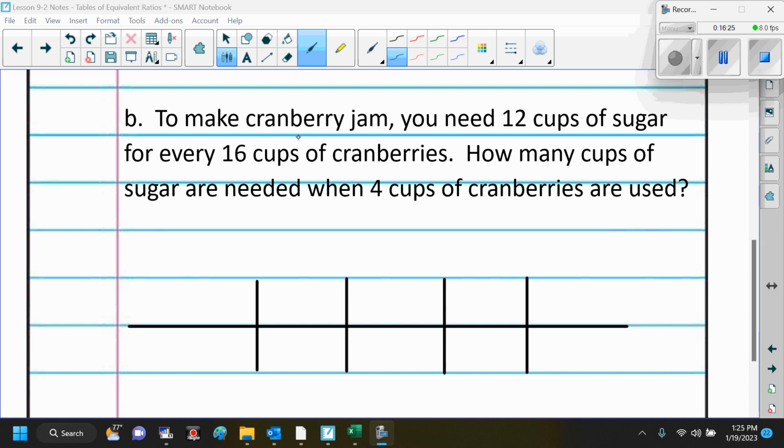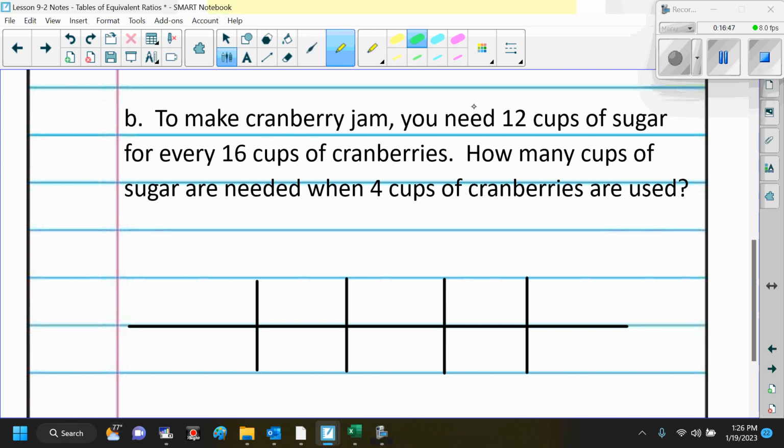All right, so for this example, it says to make a cranberry jam, you need 12 cups of sugar for every 16 cups of cranberries. How many cups of sugar are needed when 4 cups of cranberries are used? So again, the first thing you want to ask yourself is, what are we comparing?